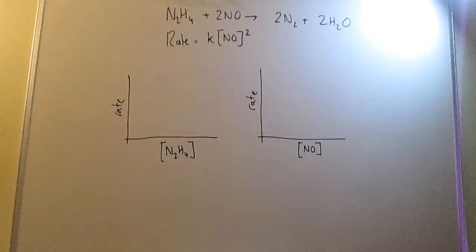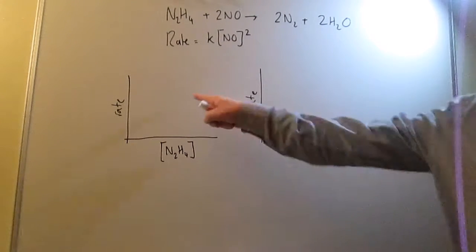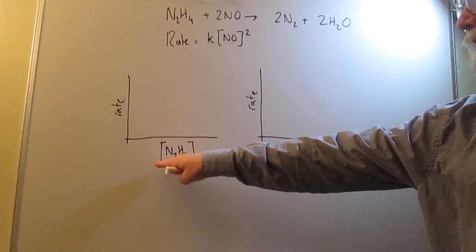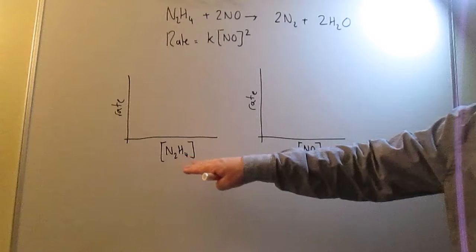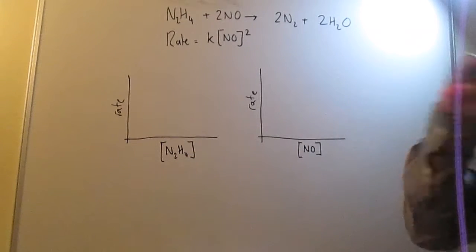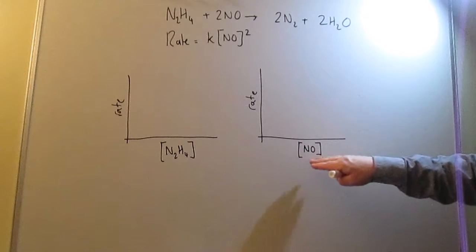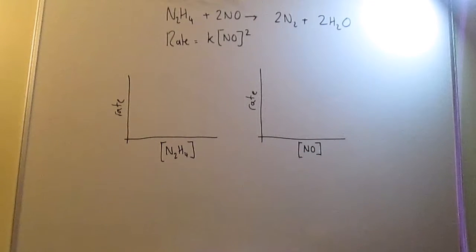The next part asks us to complete these two graphs to show how the rate depends individually on these concentrations. So this would be a graph showing how the rate would depend on the hydrazine concentration if the NO concentration were held constant, and likewise this shows how it depends on NO if the hydrazine concentration is constant.